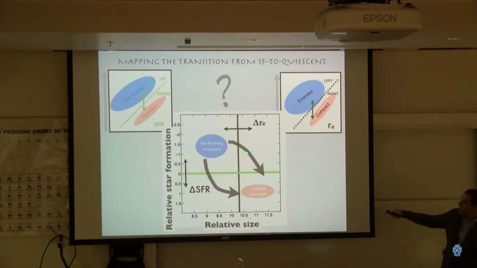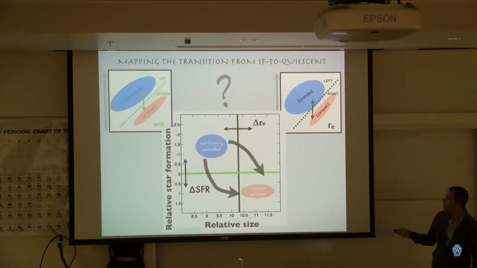So if you are above the green line, you are making stars. If you are below the green line, you are not making any stars. And I can also do the same thing with the size. Okay? So I now have the dark line that is going to become the y-axis. So either you are above the dashed line and you are large, or you are below the dashed line and you are small. Okay? So if you are on the left side of this diagram, you are big. If you are on the right side of this diagram, you are small. Okay?